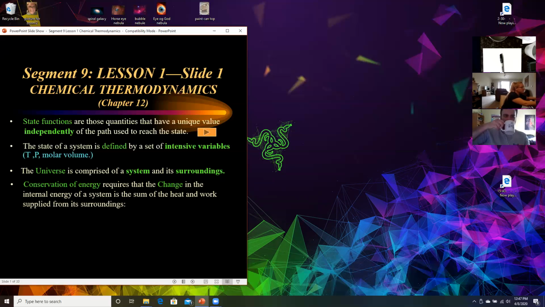Now, energy within the universe can move from one place to another, but it can't escape by the very definition of what we call the universe. There's no place outside the universe. So conservation of energy requires that a change in the internal energy of a system is the sum of the heat and work supplied from its surroundings.